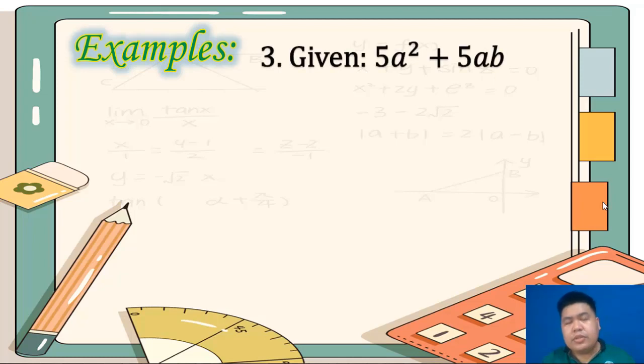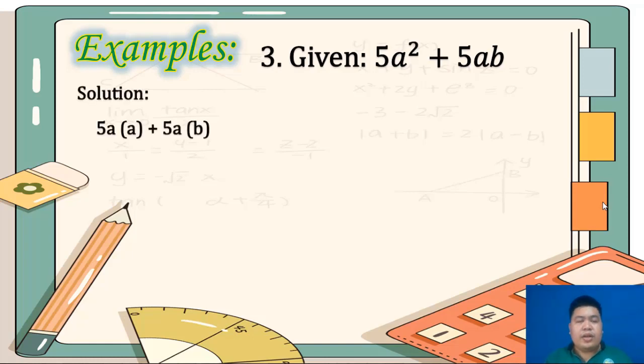Now, let's try to have another example. In example number 3, we have the given 5a squared plus 5ab. Our first step is to factor out the given polynomial. First, the factor of 5a squared is 5a multiplied by a. Then, the factor of 5ab is 5a and b. Now, look for the GCF. The GCF is 5a.